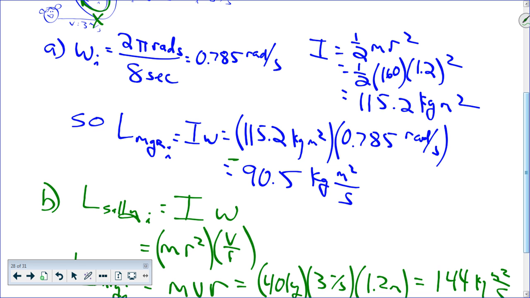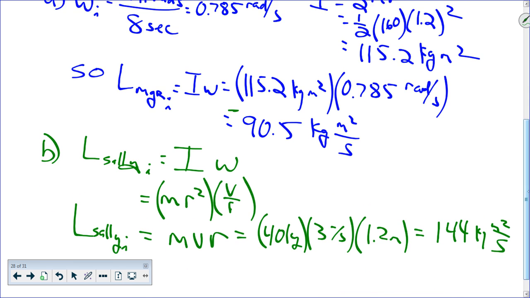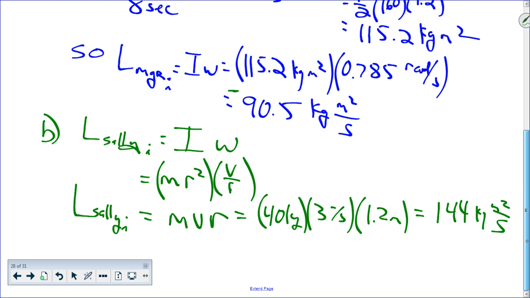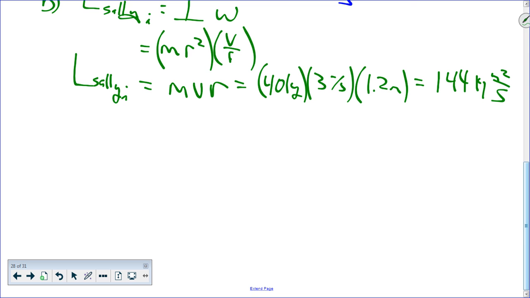All right, so now I know the angular momentum of the merry-go-round before she jumps on, and I know the angular momentum of Sally right before she jumps on. What should I probably do? Add them. Find the total momentum of the system, right? So is clockwise traditionally negative then? Correct. It's the same thing you do in math class, when you're measuring angles.